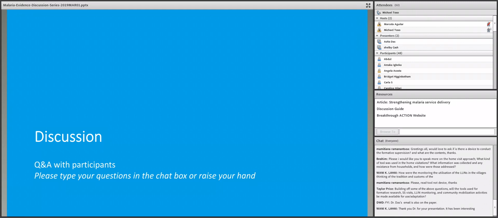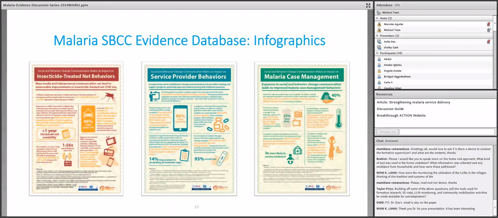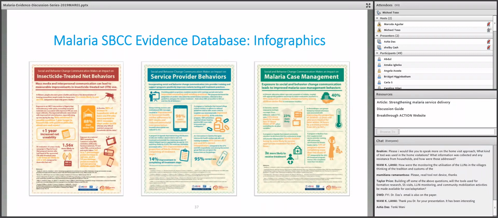All right, we are just about at time. So before we wrap up, just a real quick breakdown. I wanted to remind everyone about the resources we mentioned earlier. The Malaria Social Behavior Change Evidence Database has not only links to articles like the study that Dr. Das just shared, but there are also infographics that you can use that show the impact that social behavior change has had on net use, different behavior change strategies that have been used to influence service providers' behaviors, as well as malaria case management.